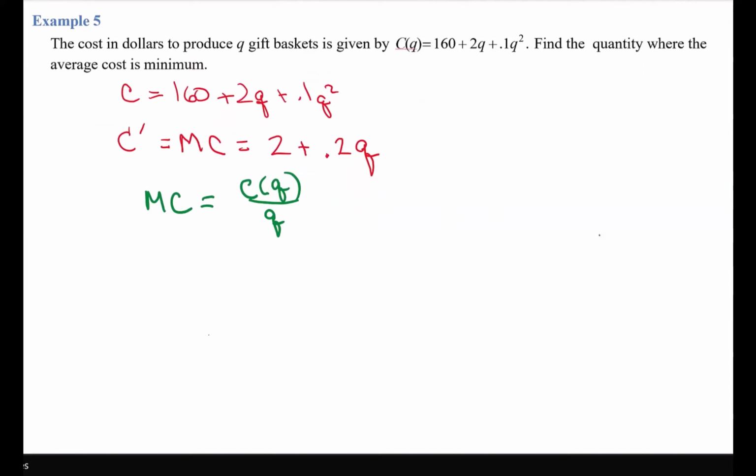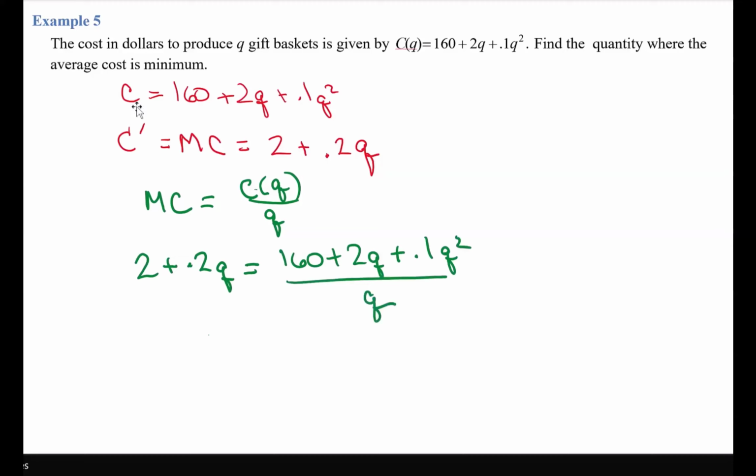I have marginal cost, which equals 2 plus 0.2 Q, is equal to C of Q, 160 plus 2Q plus 0.1 Q squared, divided by Q. And what we want to do is find the quantity, so we're trying to find Q when this occurs.